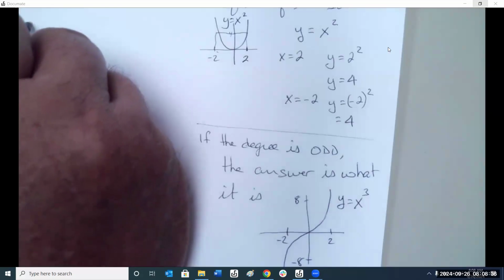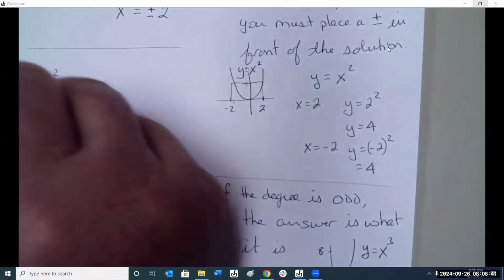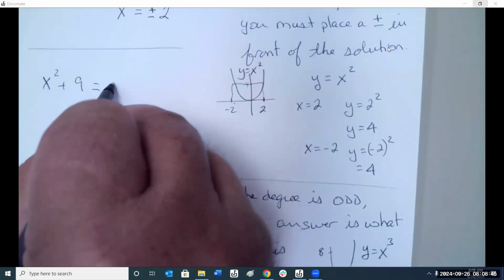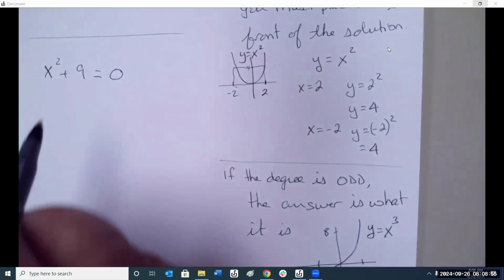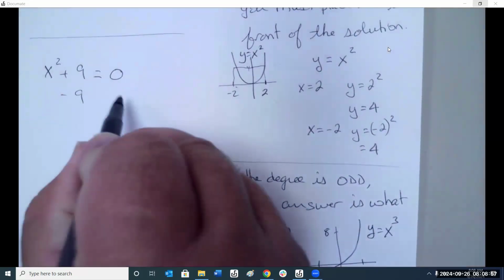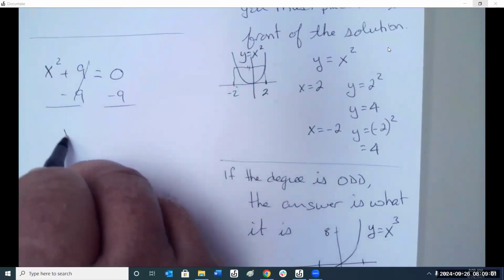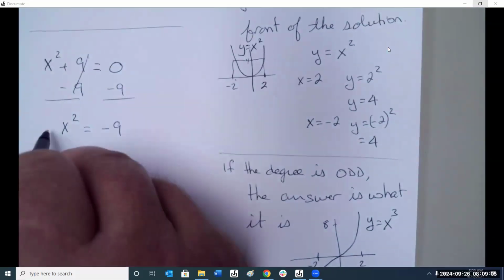All right. What if I gave you this example and asked you to solve it? X squared equals -9.